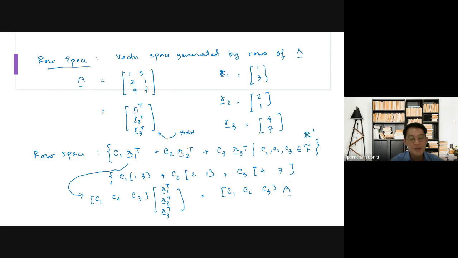Can you follow? If you haven't finished the previous page, please tell me. So for the row space, let us represent it as R like this. We will define it similarly to the column space.